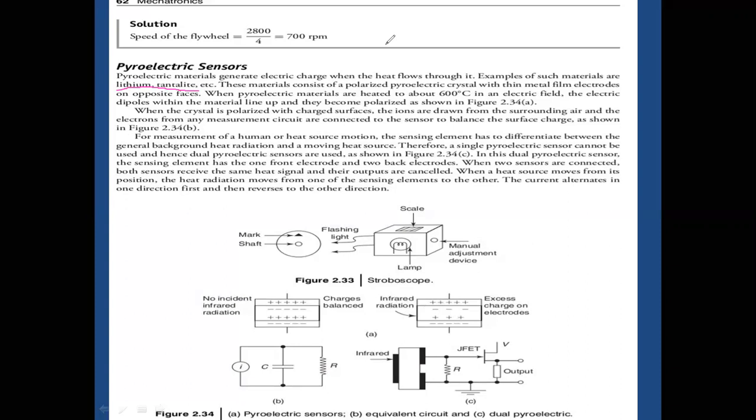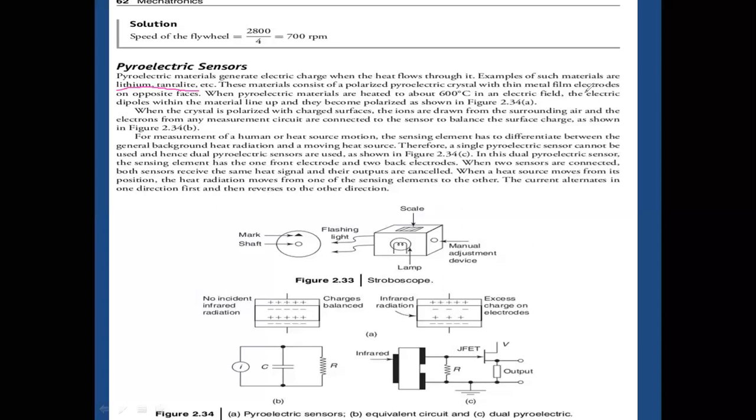As we know, there is conduction, convection, radiation. Here the material possesses radiation, and through this radiation some polarization happens. Polarization is nothing but a separation of the charges.